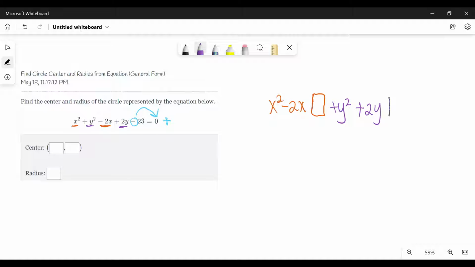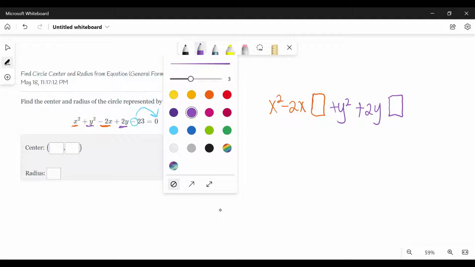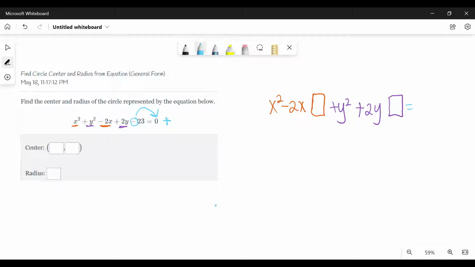And I'm going to add a box, a quadrilateral here as well. Alright, and that is equal to 23.